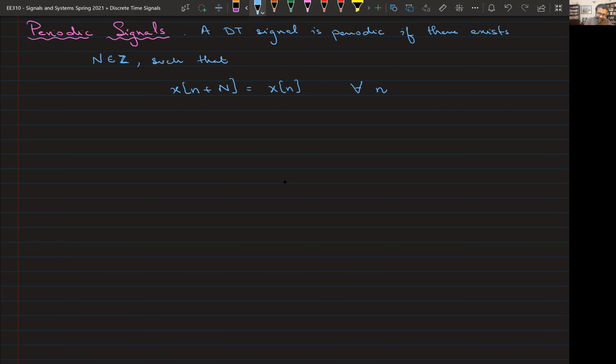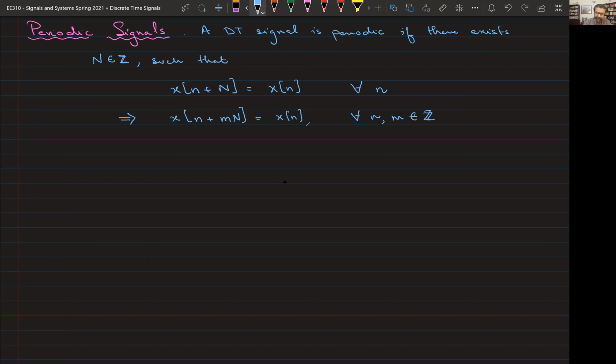And just like in the continuous time case, if capital N is a period, then m times capital N is also a period, where m is an integer, for all N and m elements of the integer set.